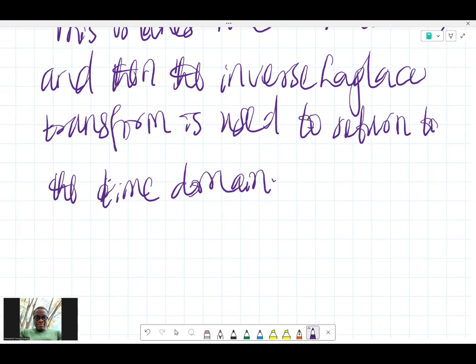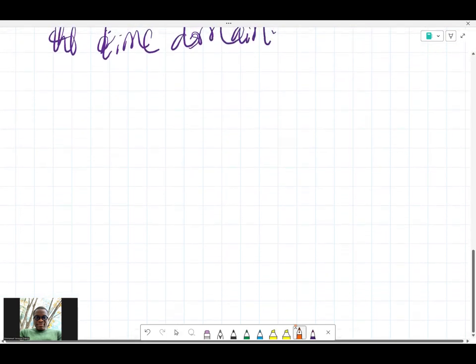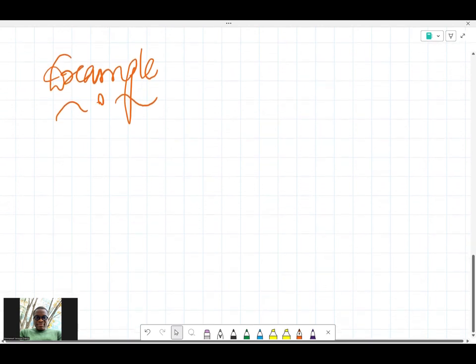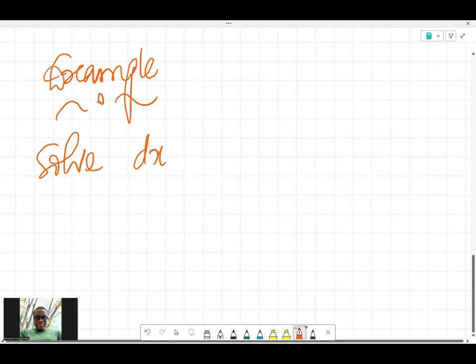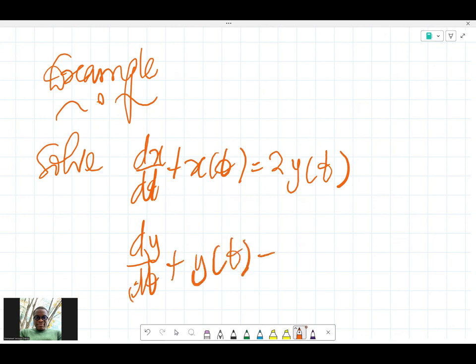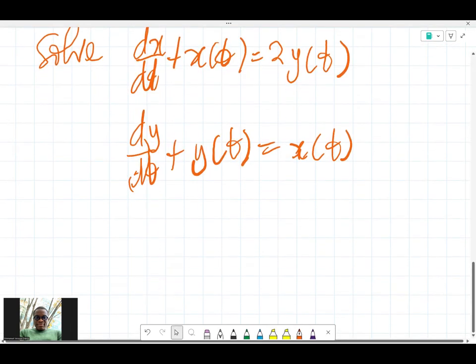Example: solve dx/dt plus x(t) equals 2y(t), and dy/dt plus y(t) equals x(t). So we want to deal with this.